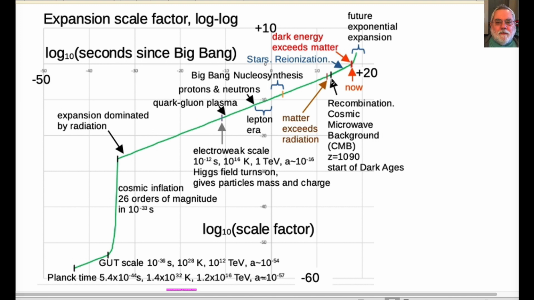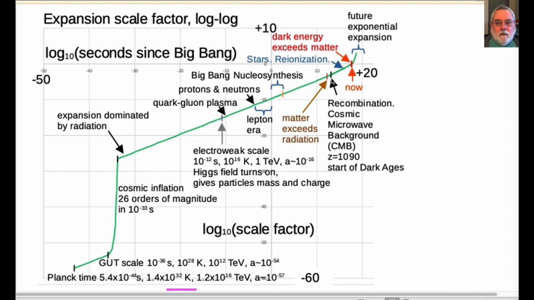From 220,000 years to 370,000 years, the radiation temperature had cooled from 4,000 Kelvin to 3,000 Kelvin. Over this period, protons and electrons combine to form neutral hydrogen atoms. This is called recombination, even though they had never previously been combined.